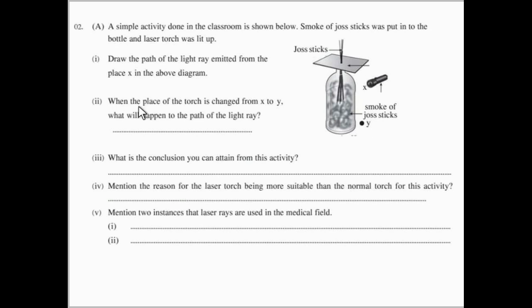When the place of the torch is changed from X to Y, what will happen to the path of the light ray? The light ray would be bent. Roman number 3: what is the conclusion you can attain from this activity? Here we can see smoke, no?